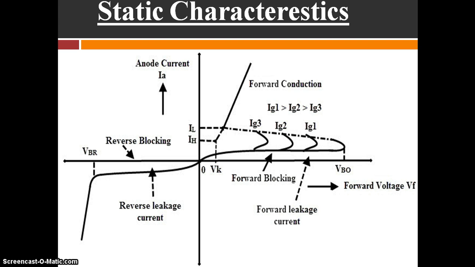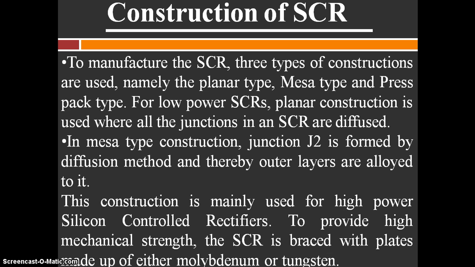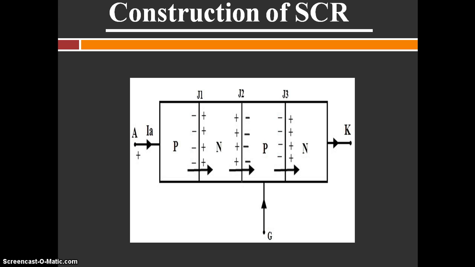Then the operation of SCR. A load is connected in series with the anode, which is kept at positive potential with respect to the cathode. When the gate is open, no voltage is applied to the gate.